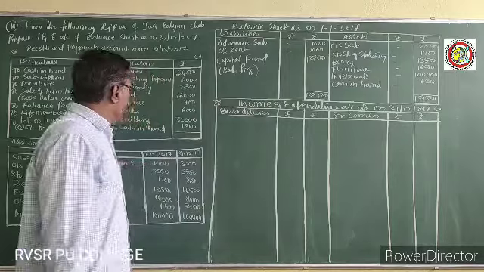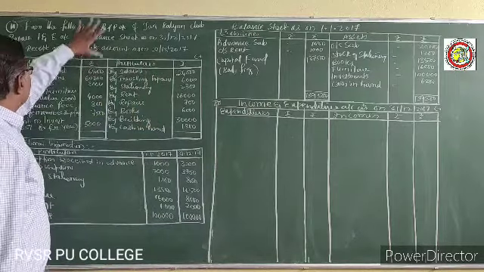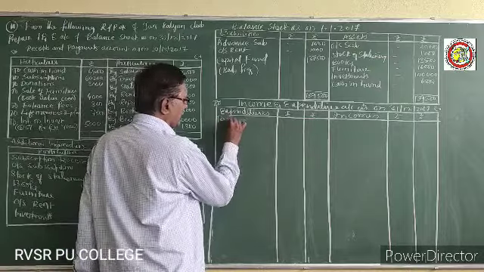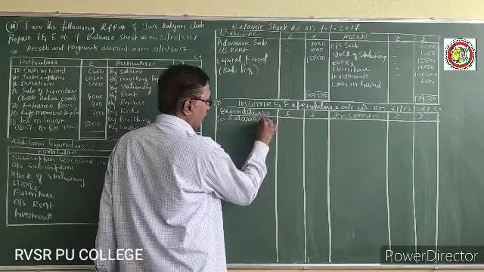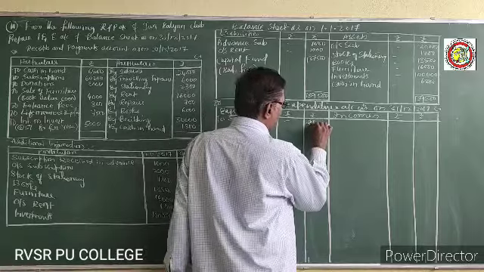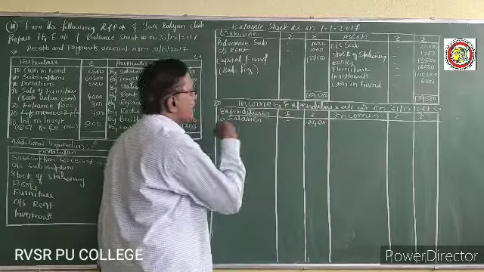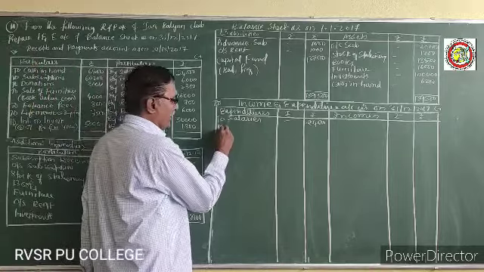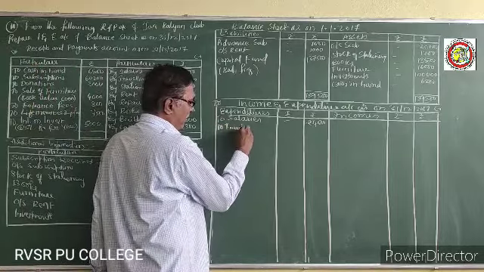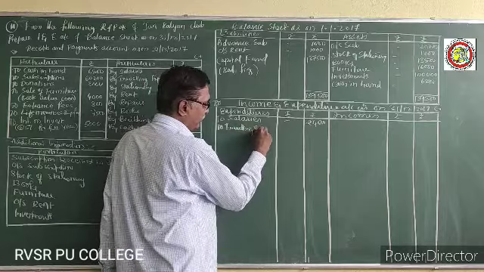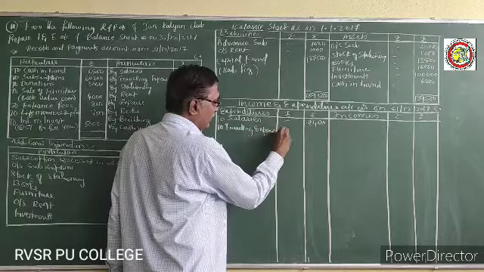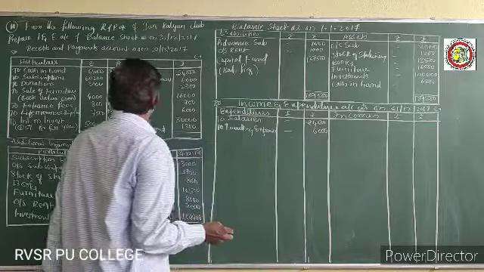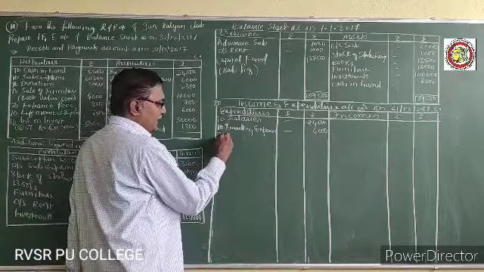Now go to the receipts and payments account, payment side or credit side. To salaries, no adjustment, 24,000. Next is traveling expenses, no adjustment, 6,000. Next, stationery, adjustment is there.